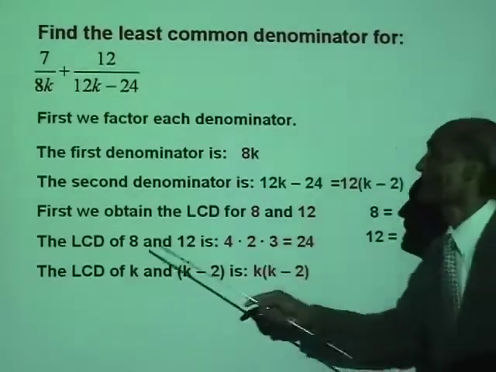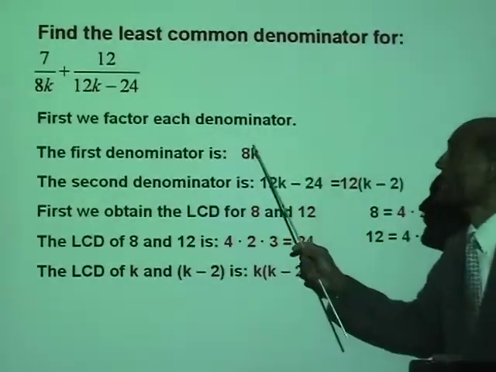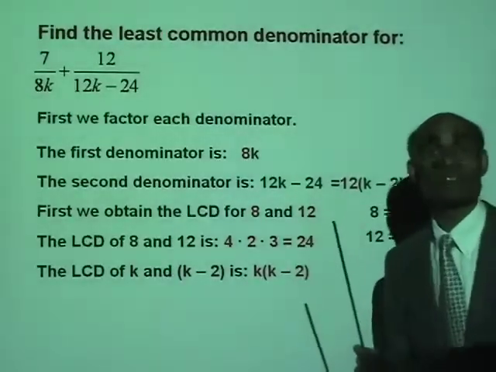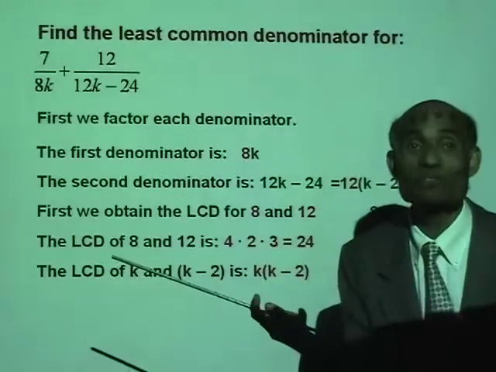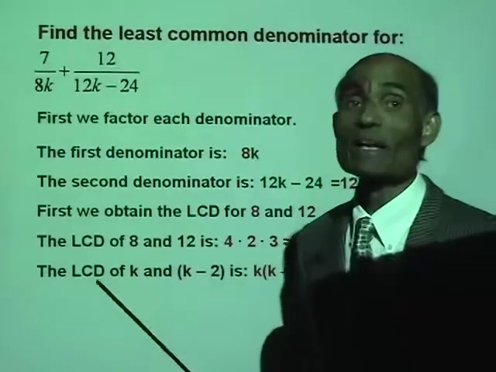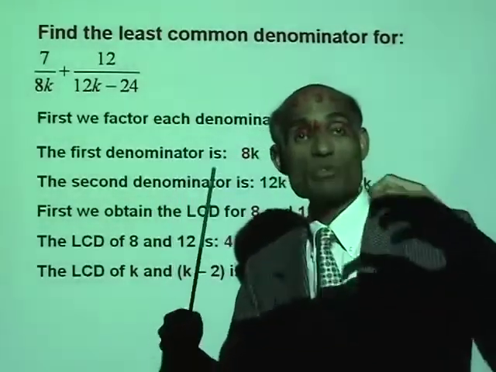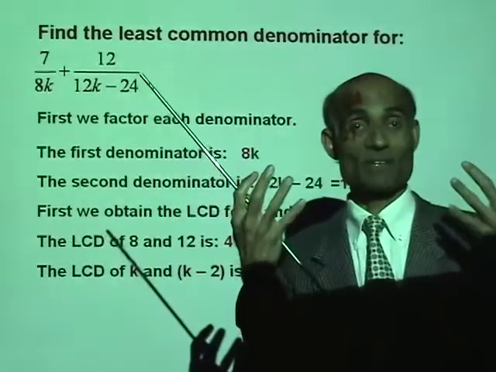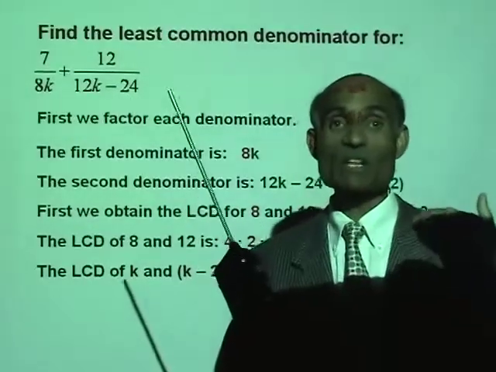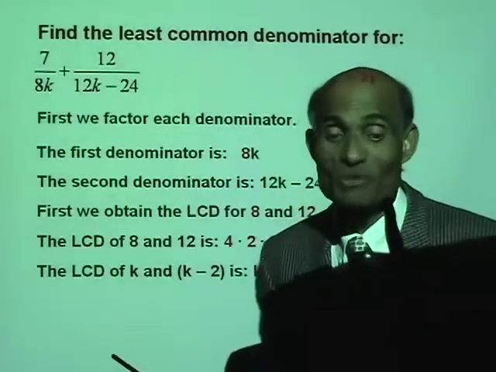And now the LCD of k and k minus 2. You see, k is one factor, k minus 2 is the other factor. We need to pick both those factors because they are different. When the denominators contain different factors, you need to pick all those factors. To construct the common denominator or LCD, we pick all the factors of the denominator without repeating.